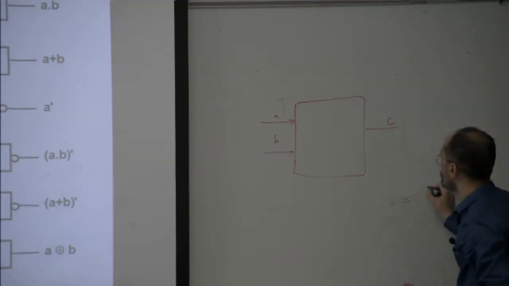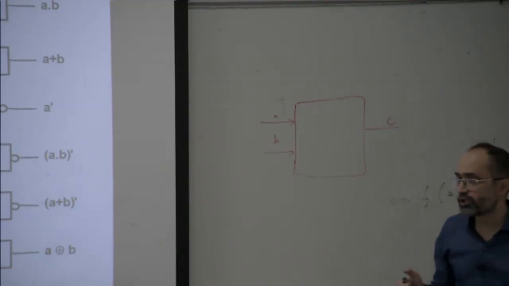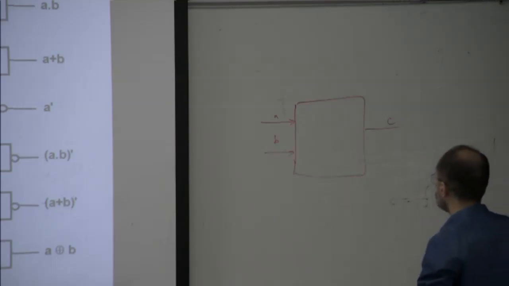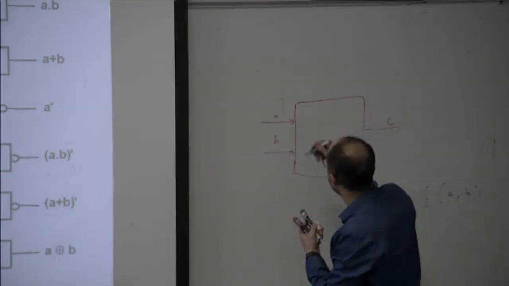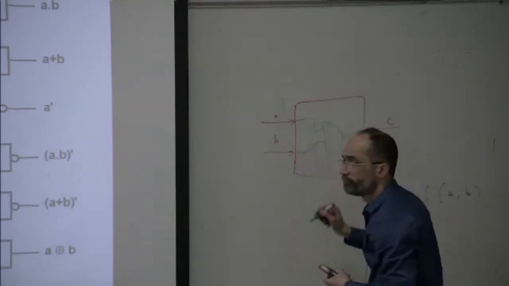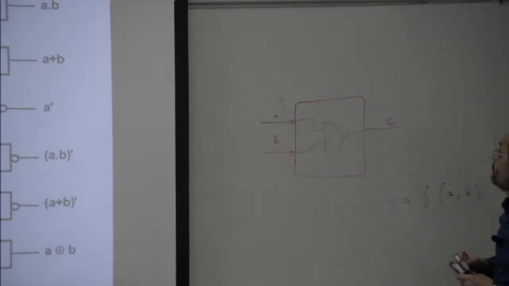C is a function of A and B. Now if you look at the first gate, we can say that this is an AND gate, in which the inputs are A and B. What is the output? C.